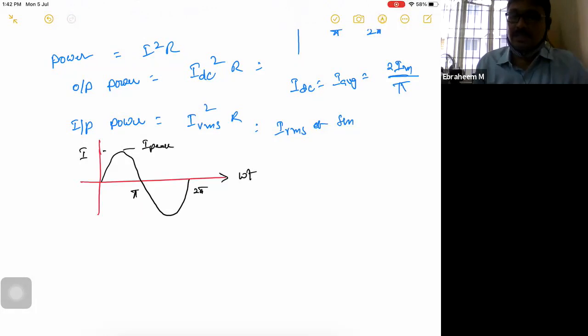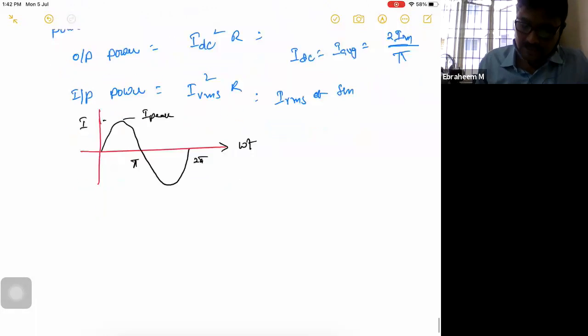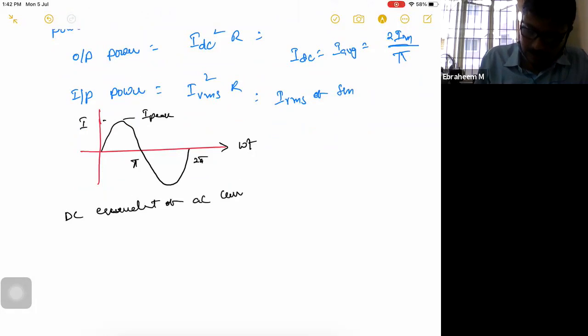Its DC equivalent, the DC equivalent of AC current, is given by IRMS, the RMS value of current.